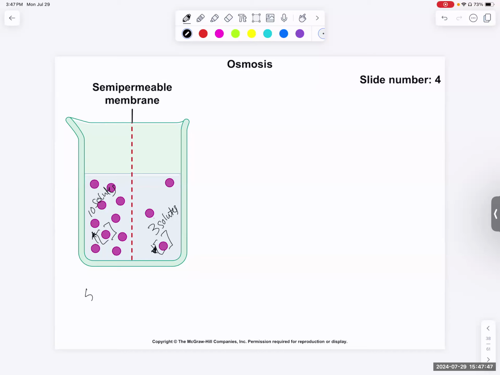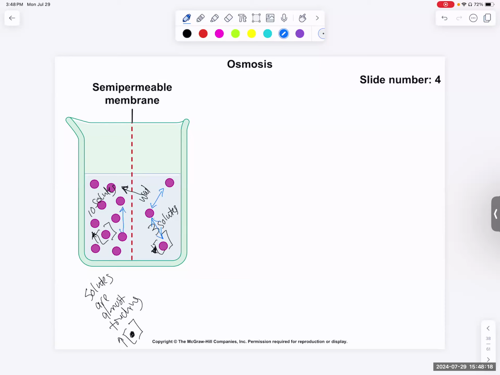This means the solutes are almost touching. How dare they? And that's a high concentration. Solutes don't like that. So guess what? Water is going to move this way to separate those solute molecules so they're the same distance on both sides, right?